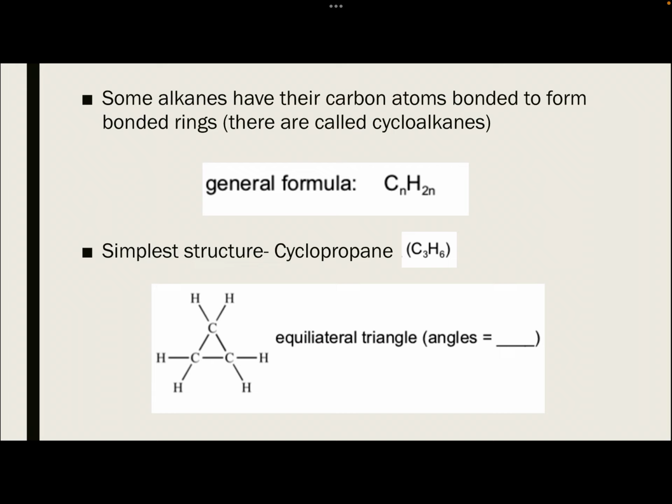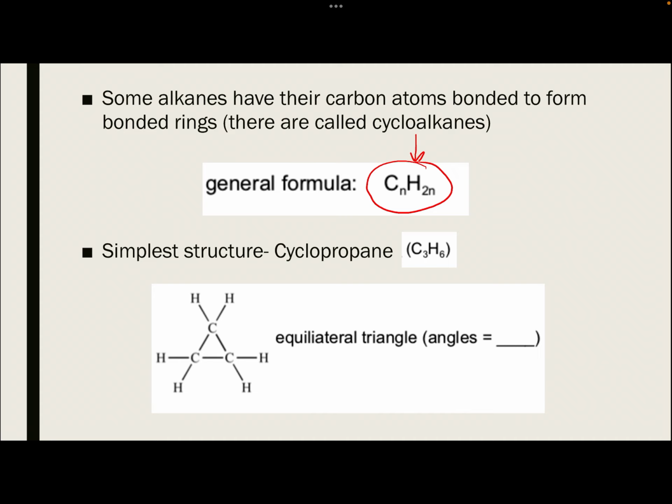Some alkanes have their carbon atoms bonded to form rings, and those are called cycloalkanes. Cyclo means a circle. This is the general formula for cycloalkanes right here, so it's really important to remember it. The simplest structure is cyclopropane, which is C3H6.